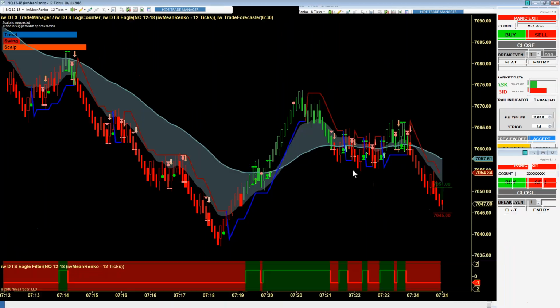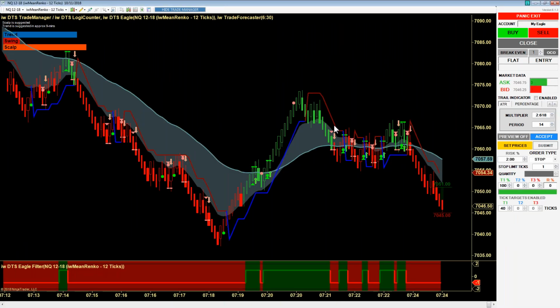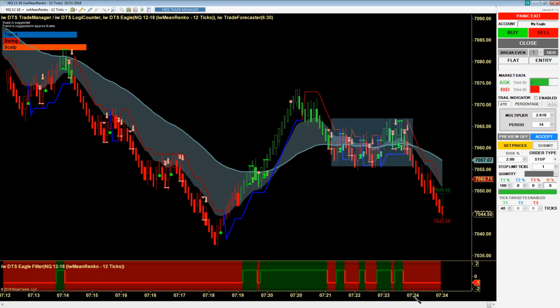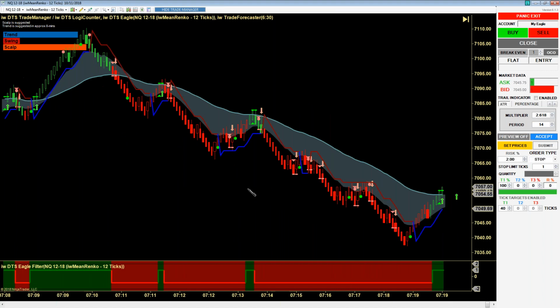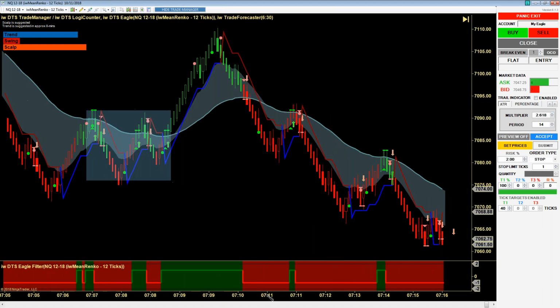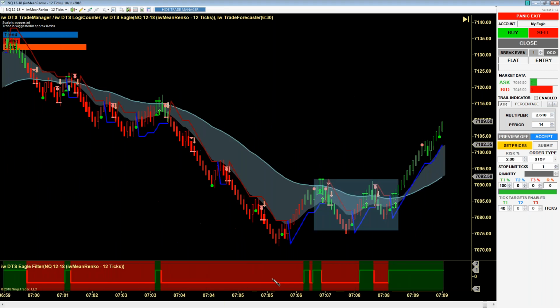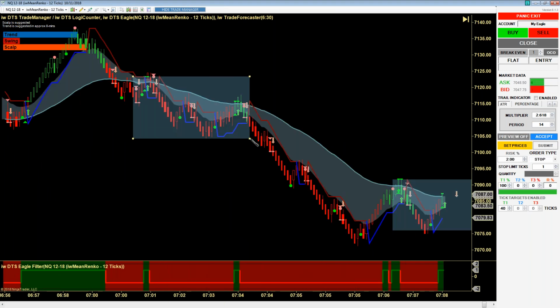What's interesting too is when you get these little sideways ranges, especially on a strong trending day like today, you get these little blocks where the market is kind of stuck for a few minutes. And very often you'll see a significant breakout when it gets outside of that little trading range.